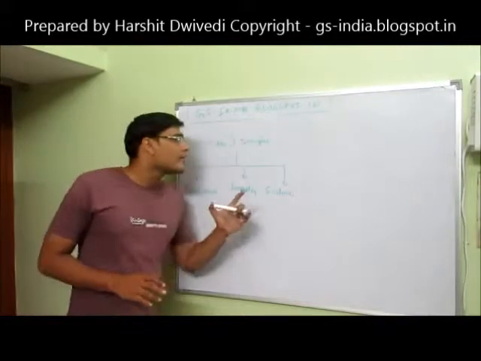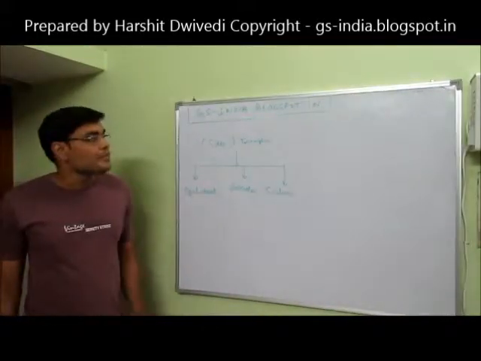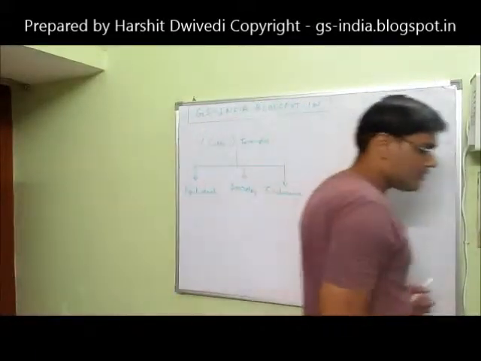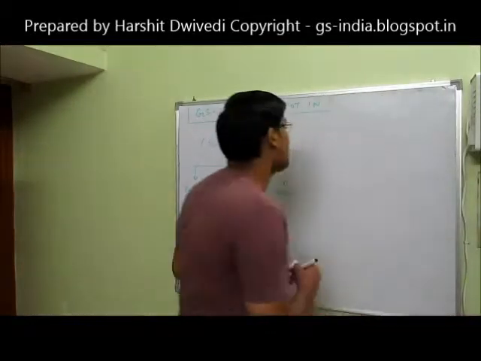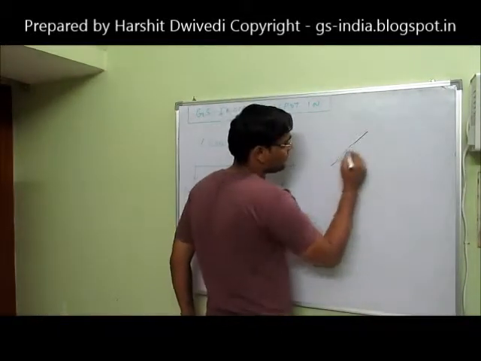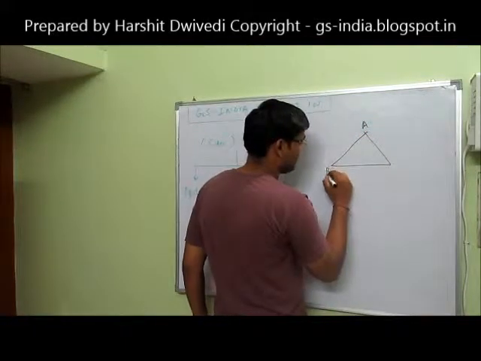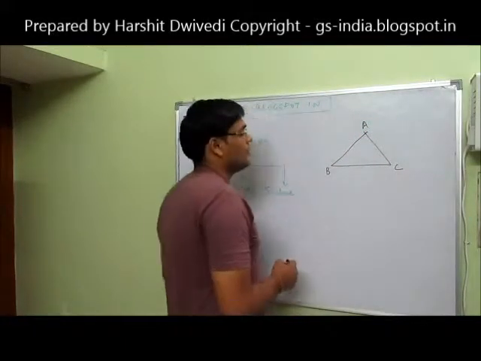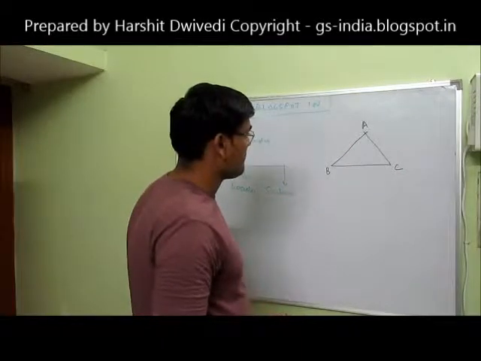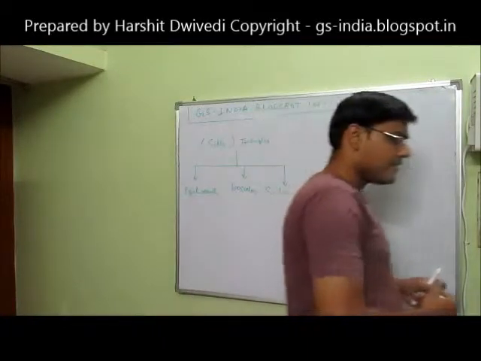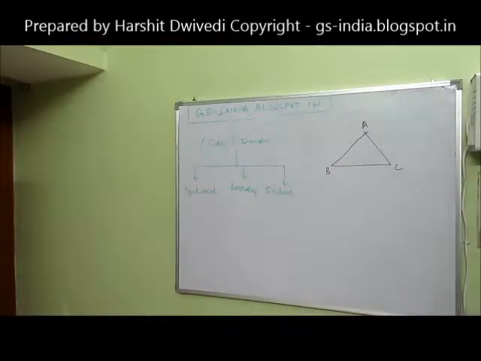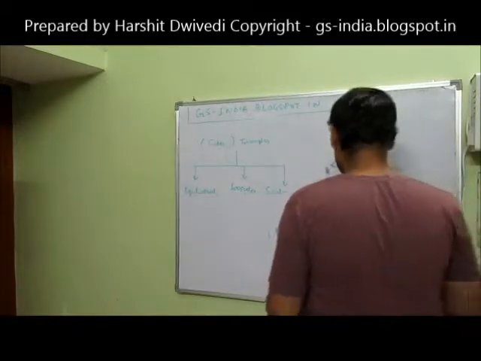Now, before explaining these 3 triangles to you, I will have to tell you one basic thing. Just focus: suppose there is a triangle ABC in front of us, or let me make it a bit clearer, because the thing I tried to tell you is a bit different.